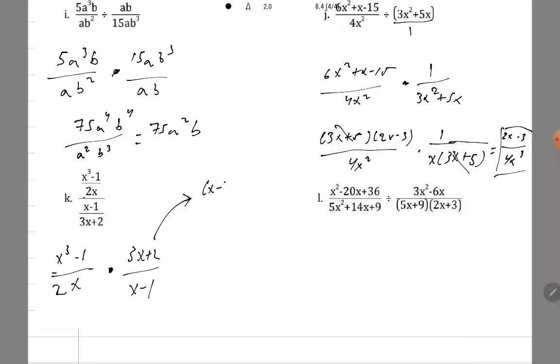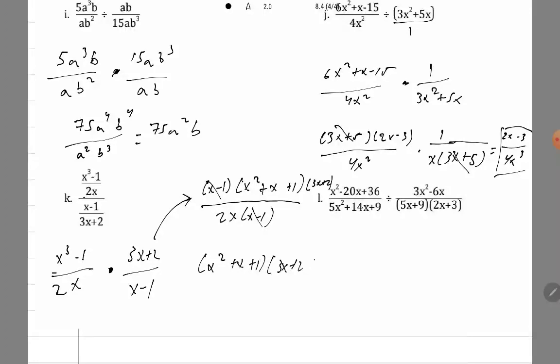So I have x minus 1, x squared plus x plus 1 over, and then we have the 3x plus 2 over 2x, x minus 1, those will cancel. So I'm left with x squared plus x plus 1, 3x plus 2 over 2x.